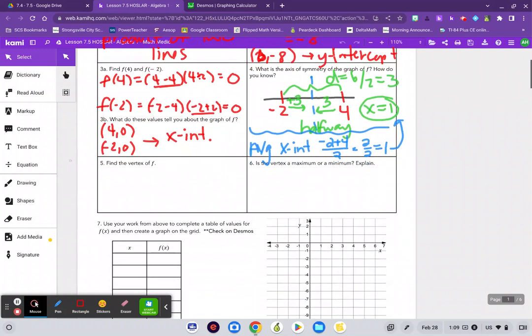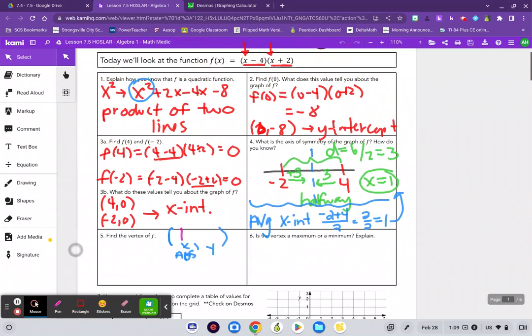5 says find the vertex of f. Remember that the axis of symmetry is the x of that vertex. A vertex is an ordered pair, x comma y, and the x is the axis of symmetry for the vertex. Those two things match up. So if I know what the x is, and we found that to be 1 in the last problem, I can do the same thing that I did in problem 3a and problem 2.